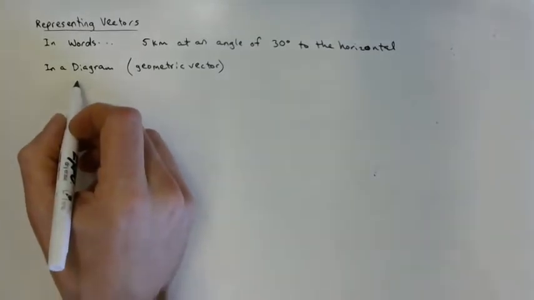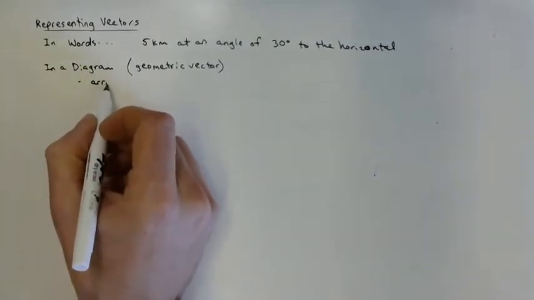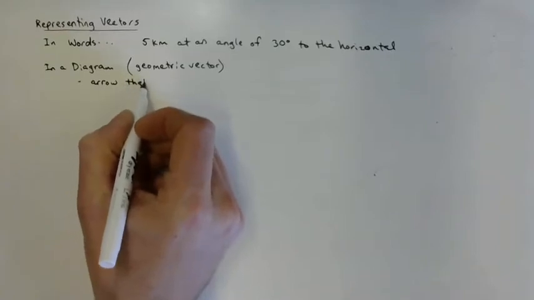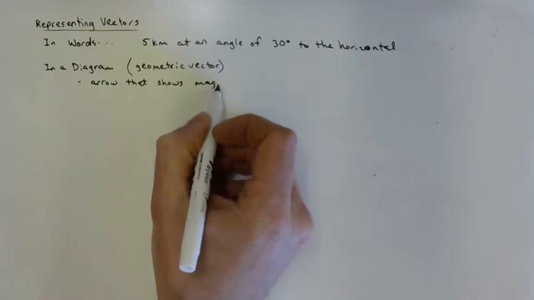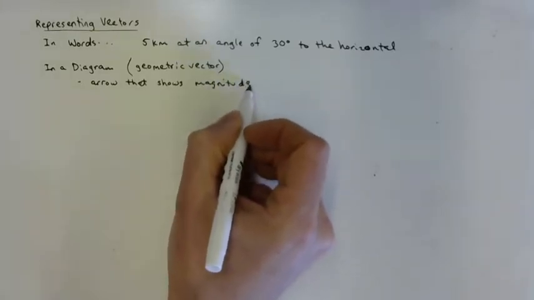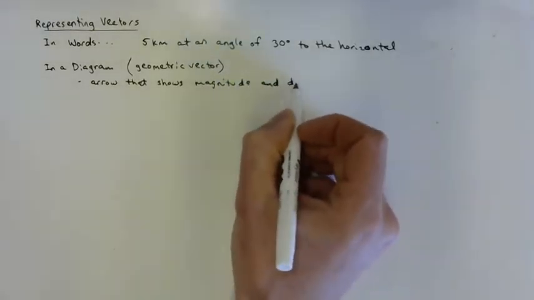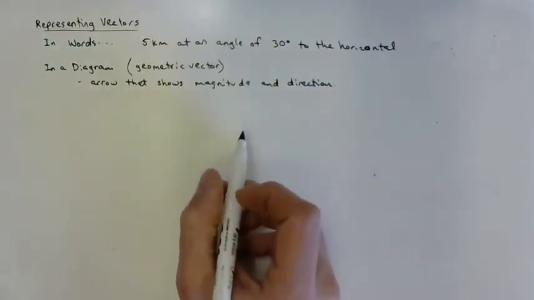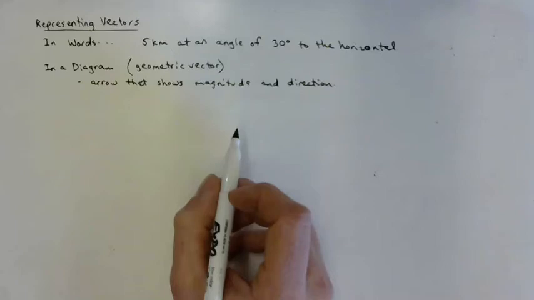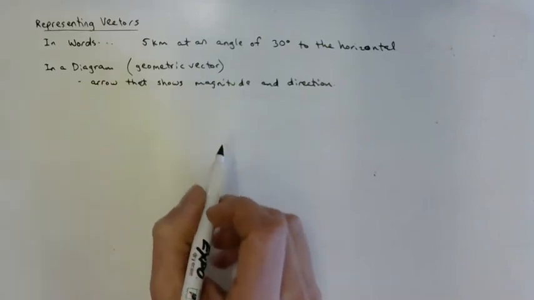So in a diagram, it's an arrow that shows magnitude and direction. And the length of the arrow is proportional to the vector's magnitude.